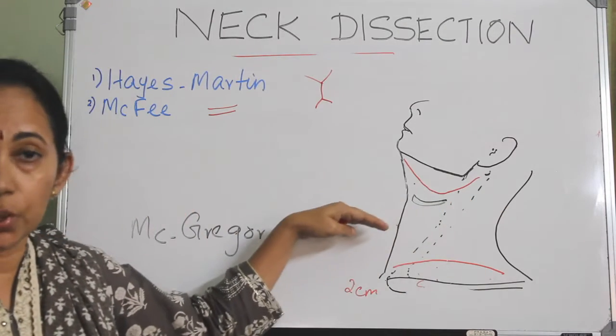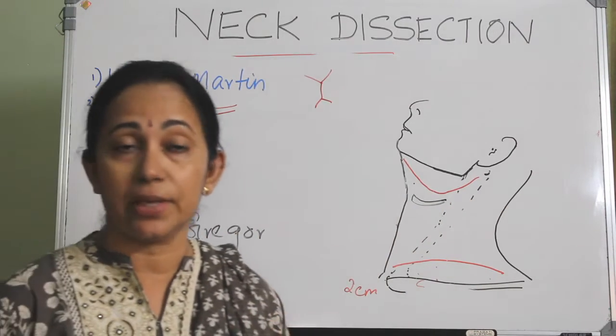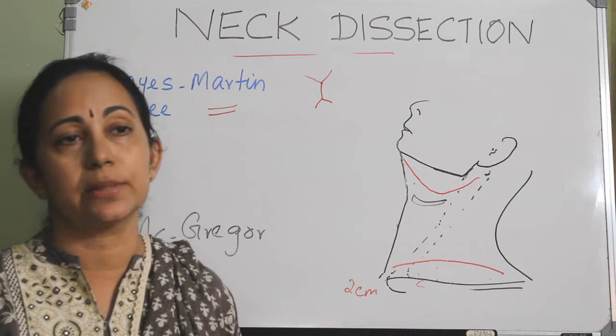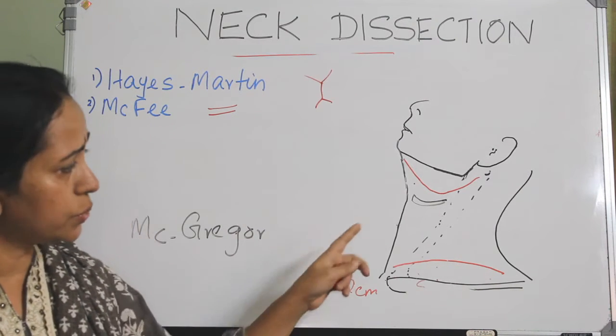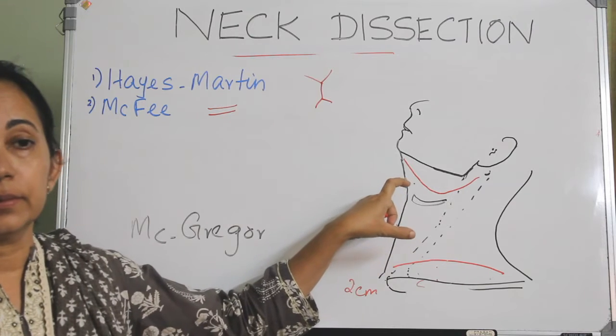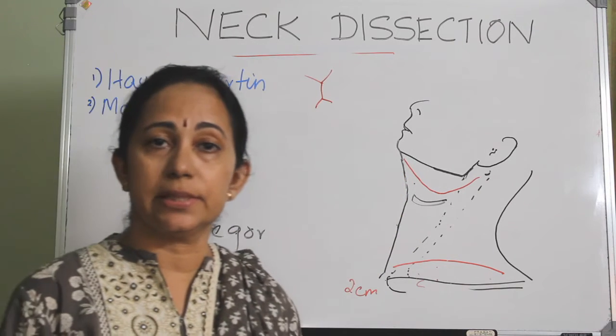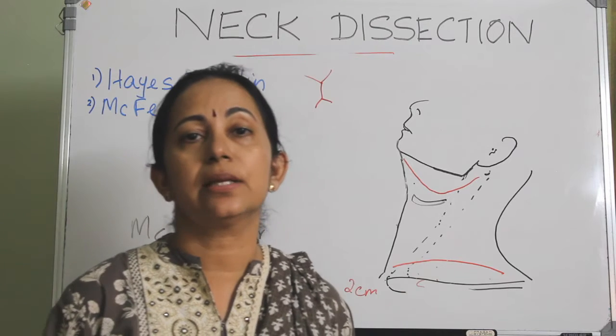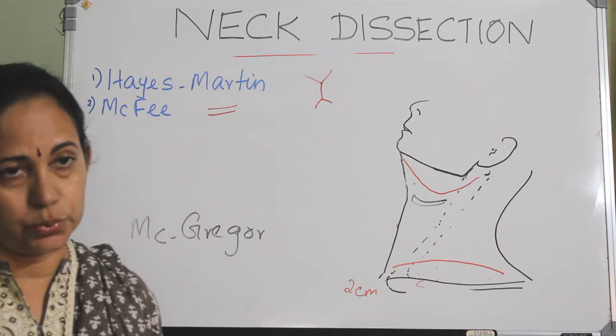And as it is a horizontal incision, it is cosmetically very appealing with very good blood supply, and also the closure of this incision is very easy. It takes very little time, so the time of surgery is reduced.